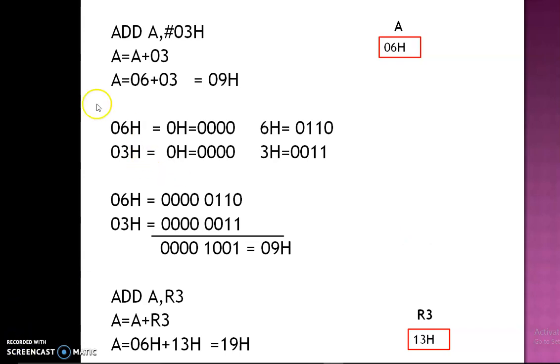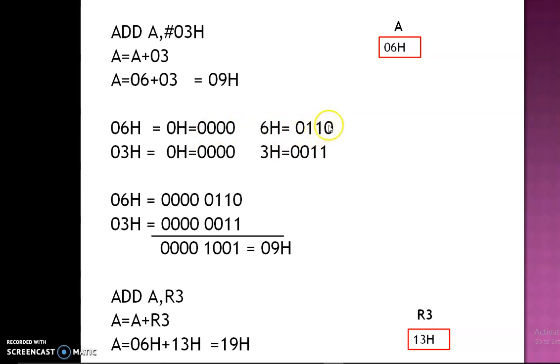How to add hexadecimal numbers? First you have to convert the hexadecimal numbers into binary values. So take one number. Let us see, 06 is hexadecimal. 0 means you have to convert hexadecimal 0 into binary 0000, 4 zeros will be there, and 6 means 0110.